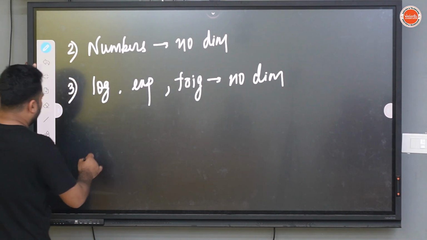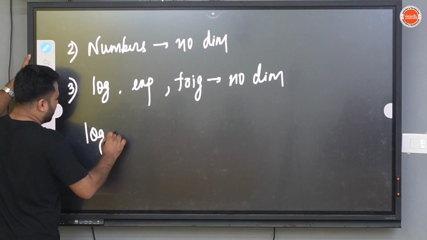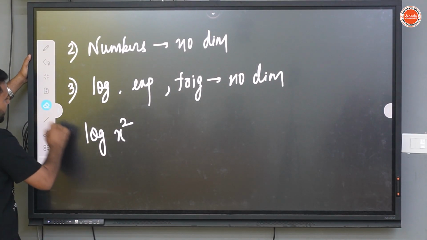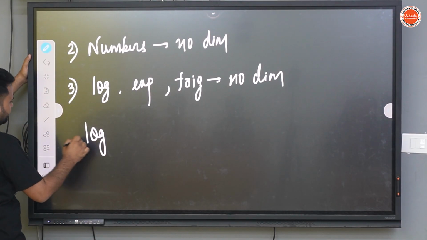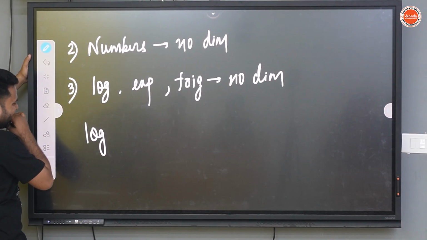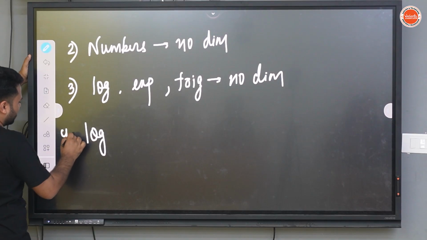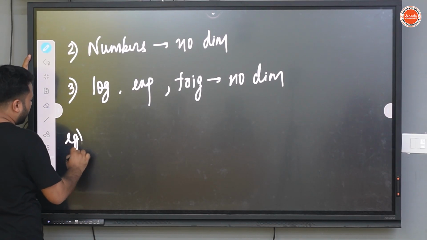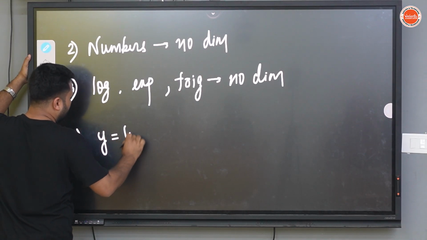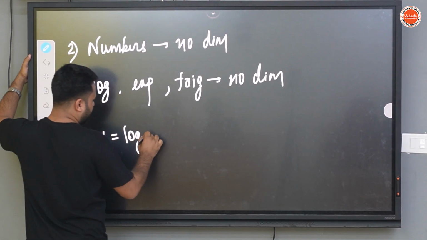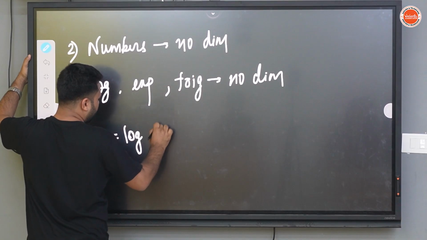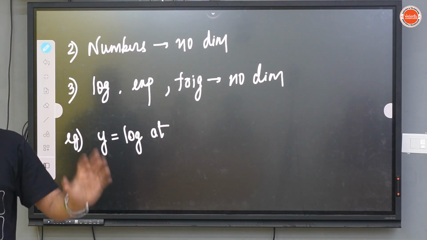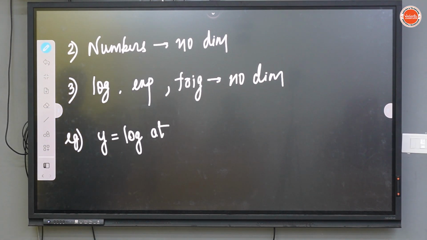So if I say log of x square, suppose, or I will give one example. Y equals log of 80 over t.